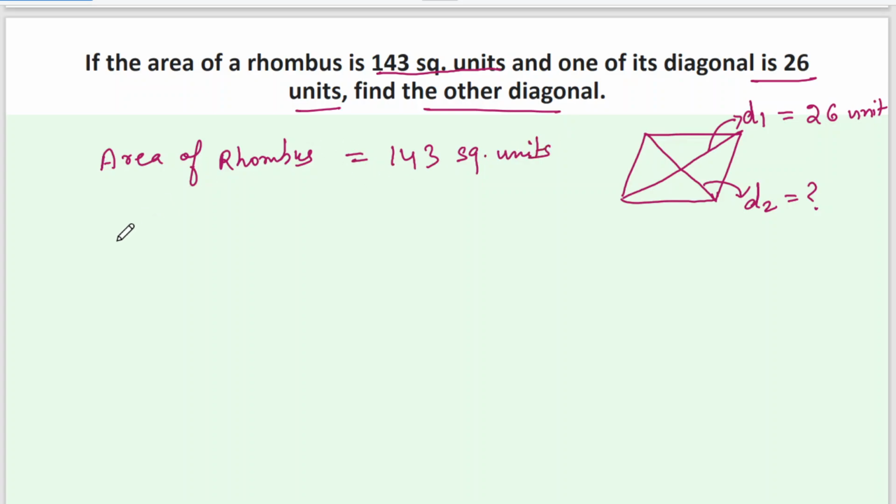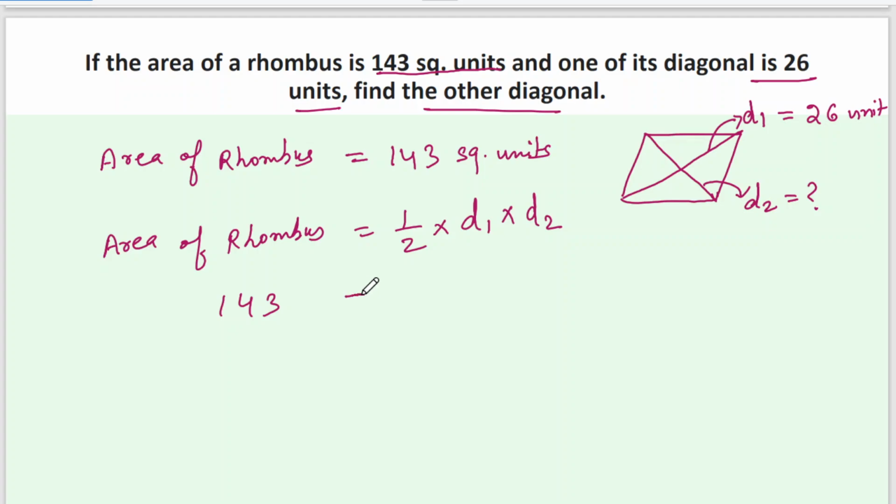Now, what is the formula of area of rhombus if we know the diagonals? So, area of rhombus equal to half into diagonal 1 into diagonal 2. That means half of the product of the diagonals. So, area of the rhombus is given as 143.